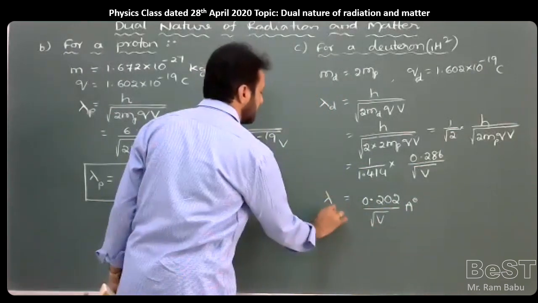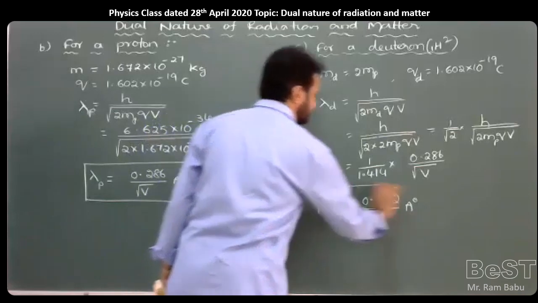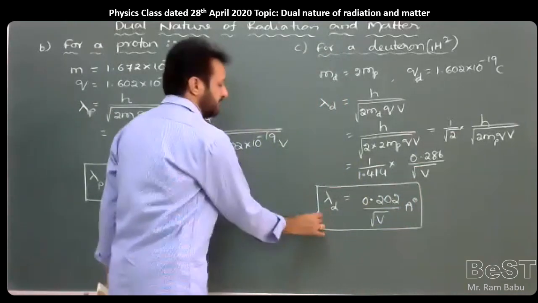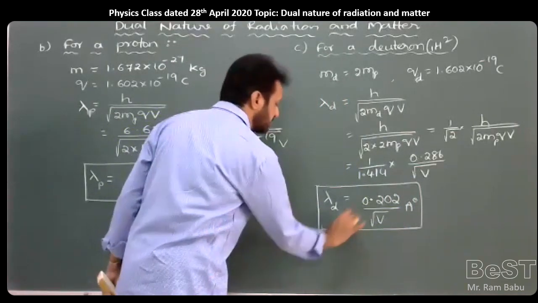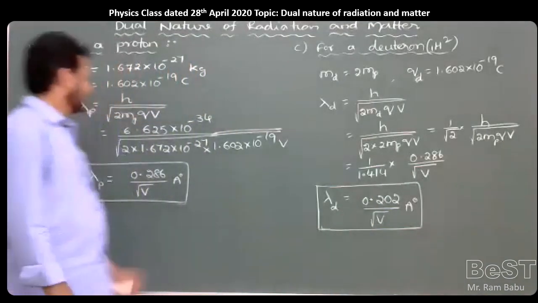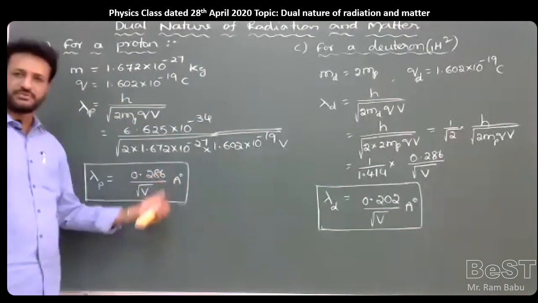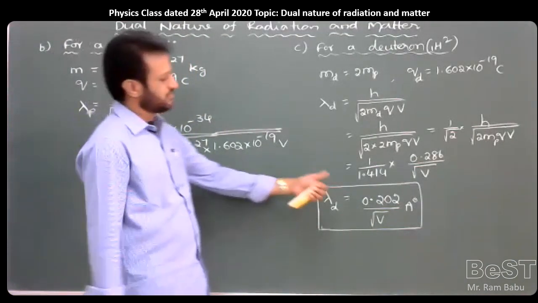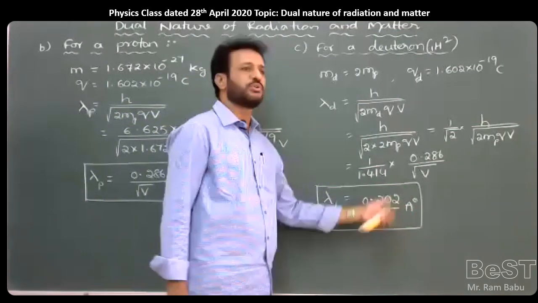It is the de Broglie wavelength of the deuteron. For an electron 12.27 by root V, proton 0.286 by root V, and deuteron 0.202 by root V.